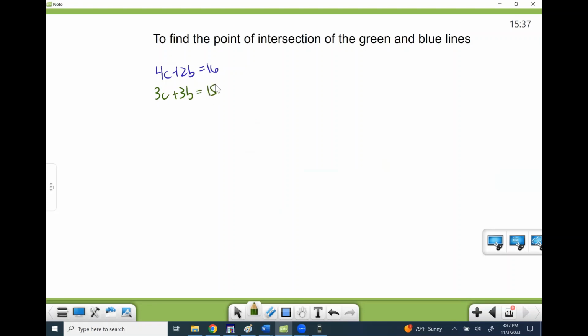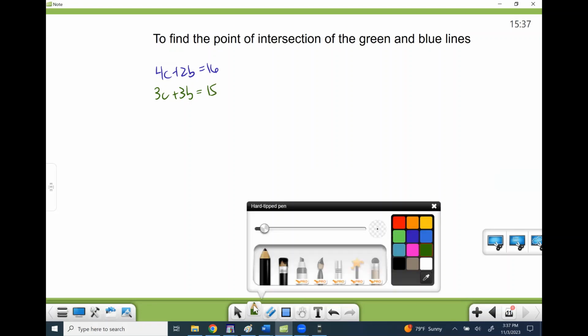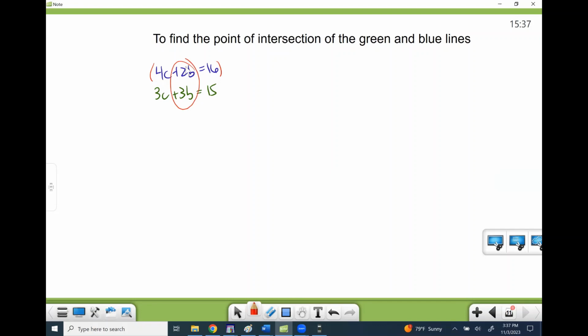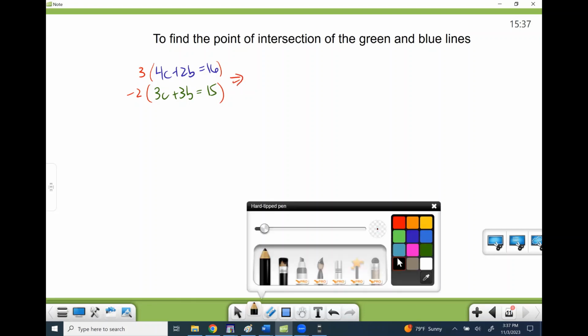So for that, we're going to have to try and use elimination to make something cancel. So I'm thinking about turning these both into 6s. So I'll multiply by a 3 to make that one a 6, which means I have to multiply by a -2 to make that one a -6.